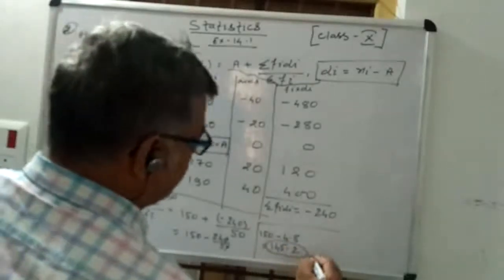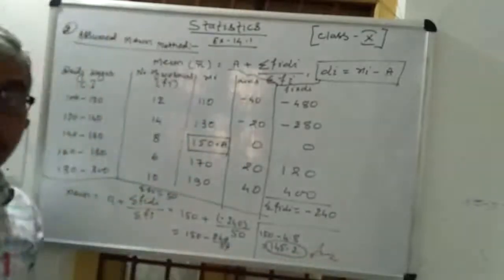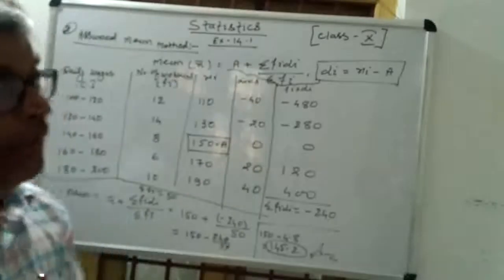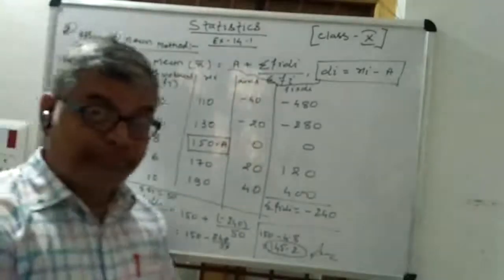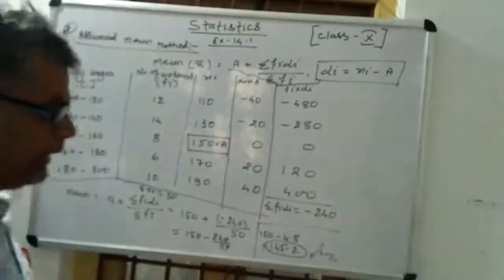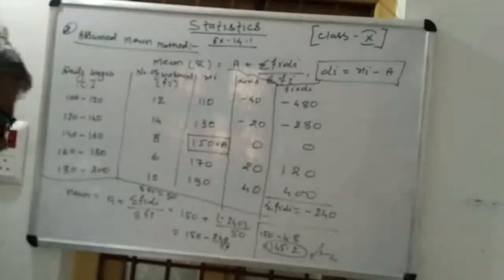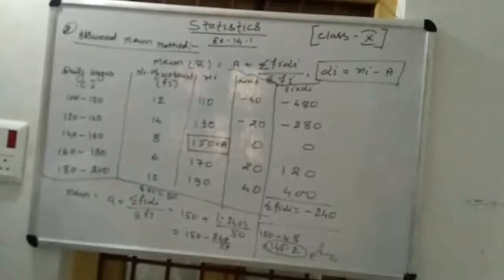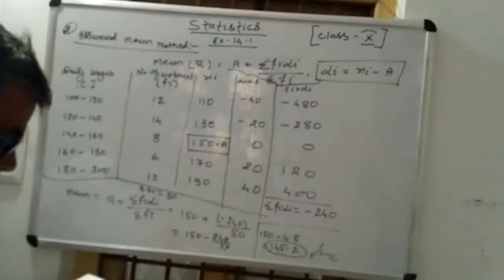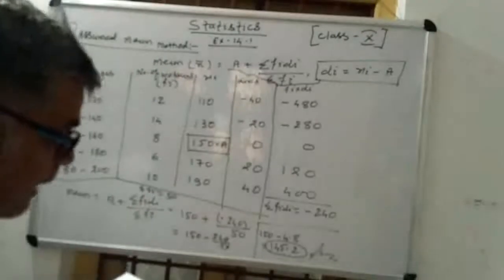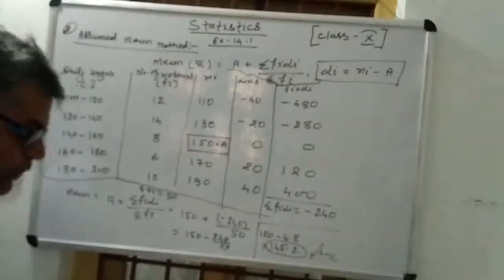Subtracting, 150 minus 4.8 gives 145.2. So 145.2 rupees is the mean wage of the workers in the factory. I think in this way I have solved question number 2 of exercise 14.1, and I think all of you must have understood this question.